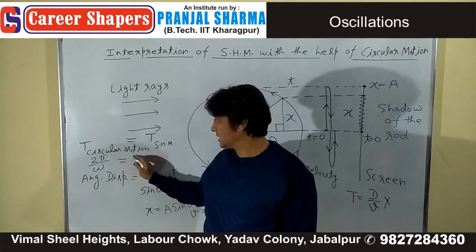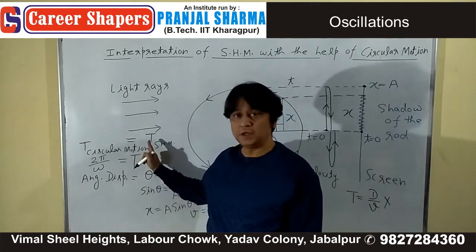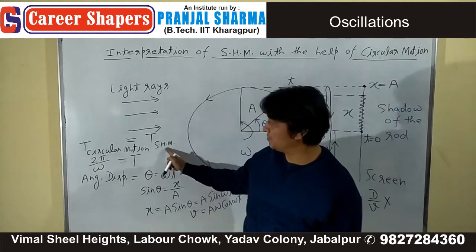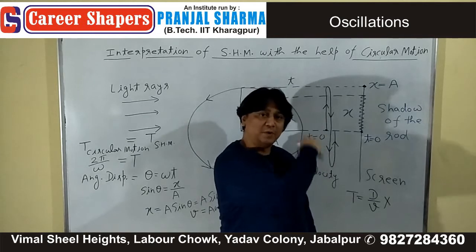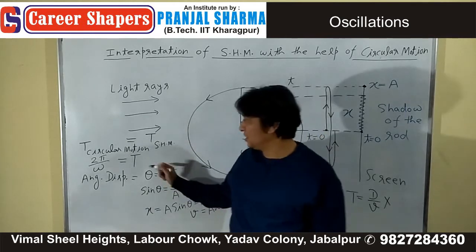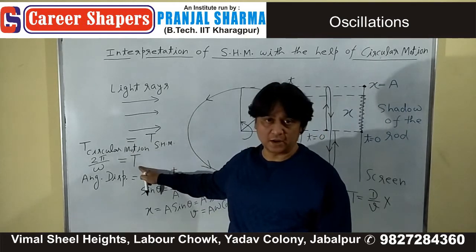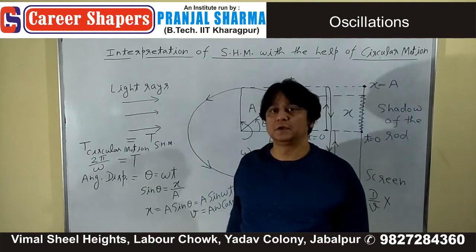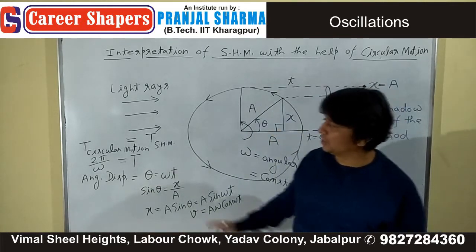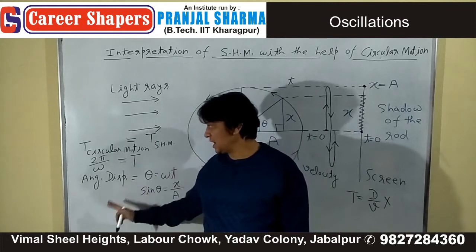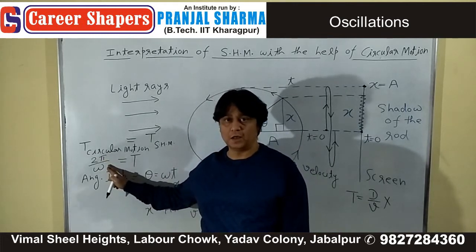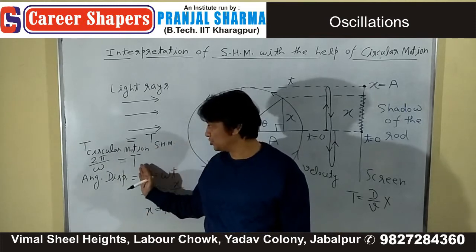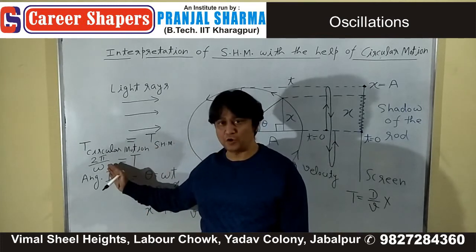But you know that this time is also same as the time which oscillating particle takes to complete one full oscillation, which is given as what? T. That's the reason in simple harmonic motion we use T as 2 pi upon omega. I hope you understand the origin of T equals 2 pi upon omega.